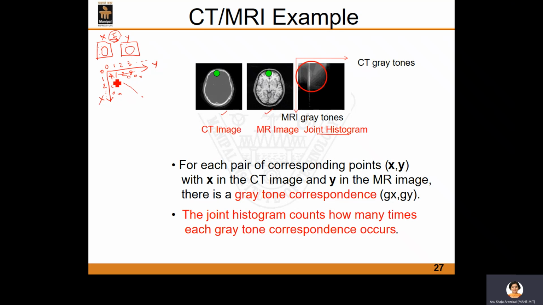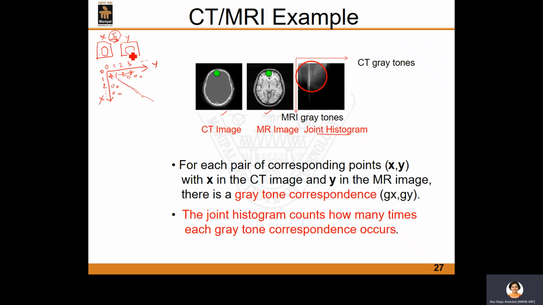to calculate the joint histogram, what I see is there will be non-zero values which are concentrated only along the diagonal of this particular axis when you're trying to plot the pixel intensity values of the X and Y images. And in all the remaining elements, you'll have 0. So that means these two images are perfectly aligned with each other.